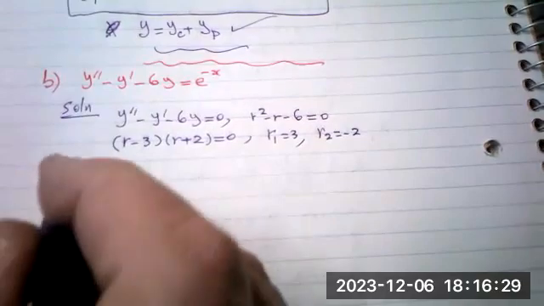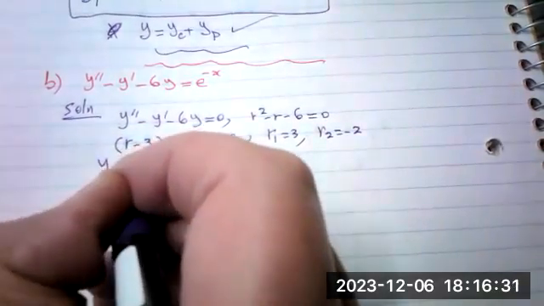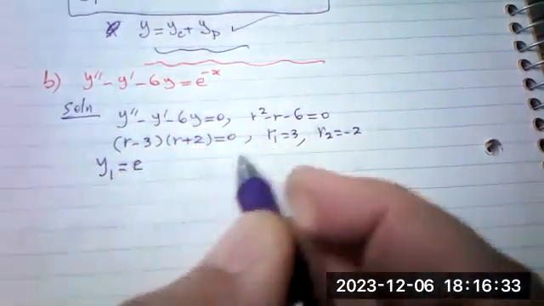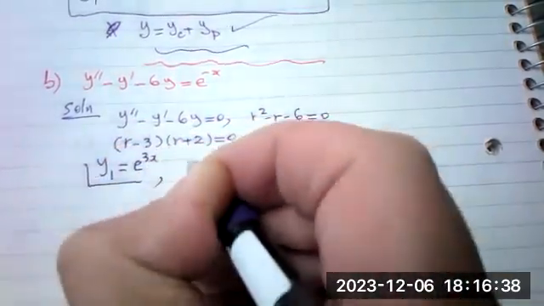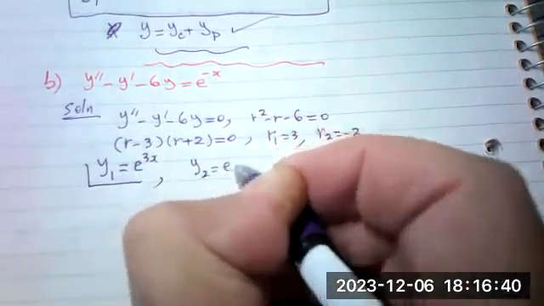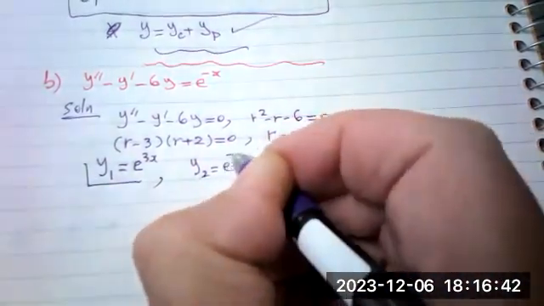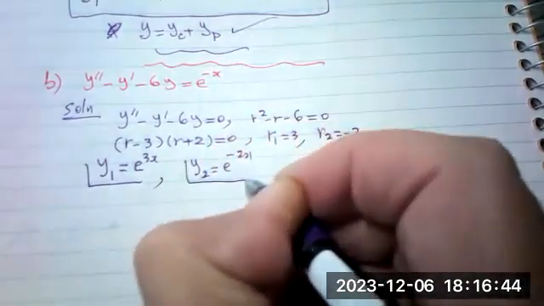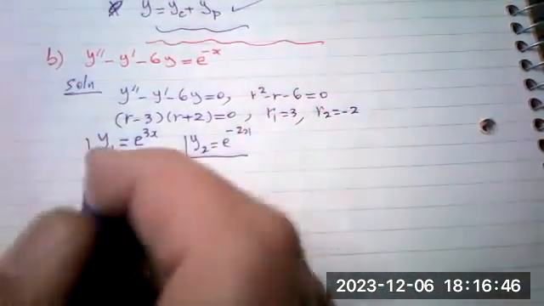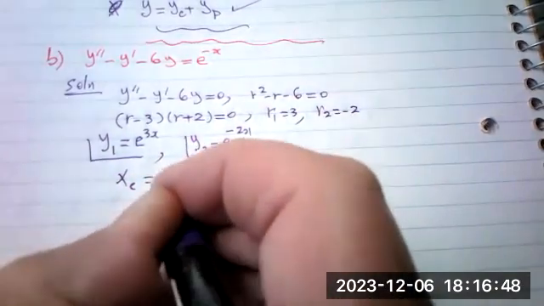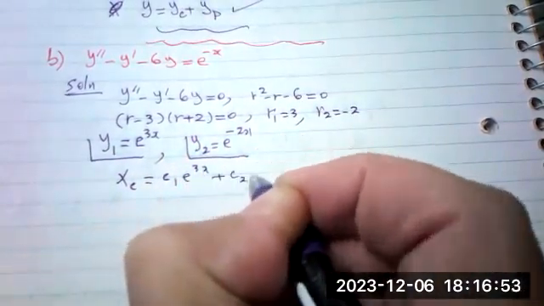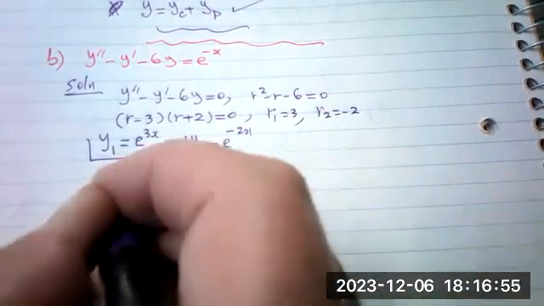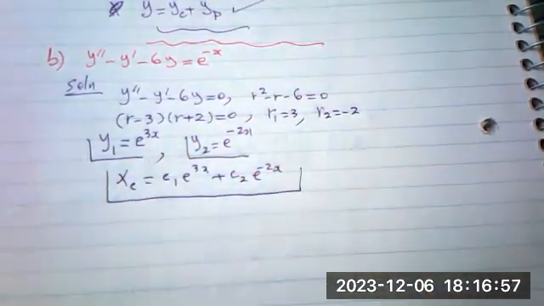So the corresponding solutions are y1 equal to e to the 3x is the first one, and y2 equal to e to the negative 2x is the second one. So yc is equal to c1 e to the 3x plus c2 e to the negative 2x. This is the solution to the homogeneous part.